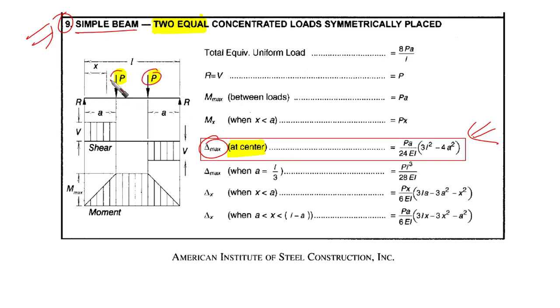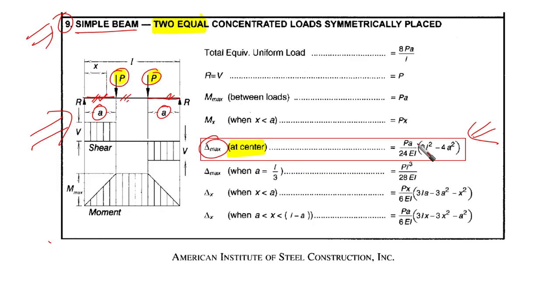We have 2 concentrated loads, and they are dividing the beam into 3 parts. I'm not sure the parts are equal or not, but at least the most left and most right parts are equal. So this is our case without a doubt.